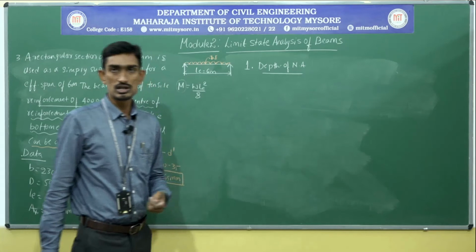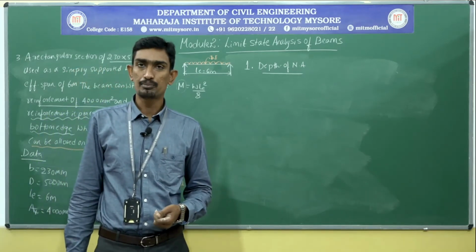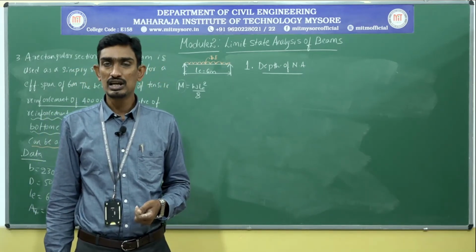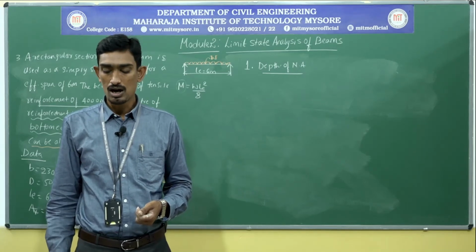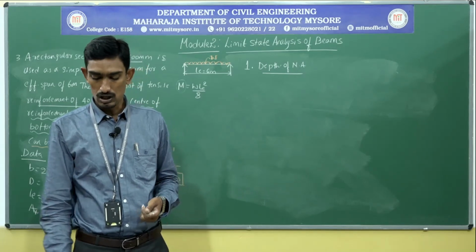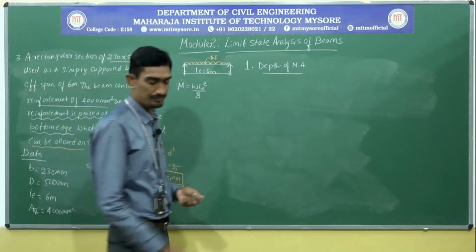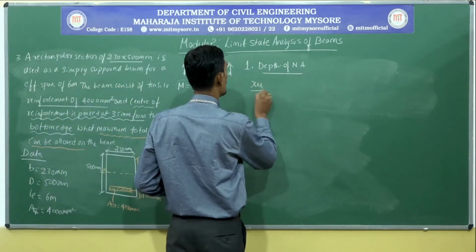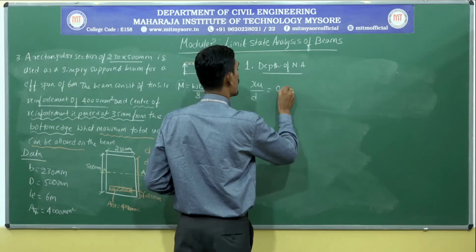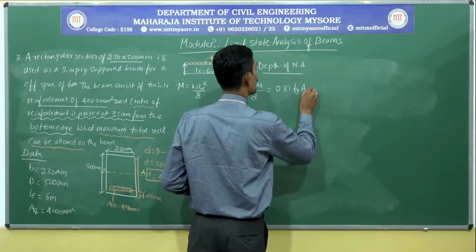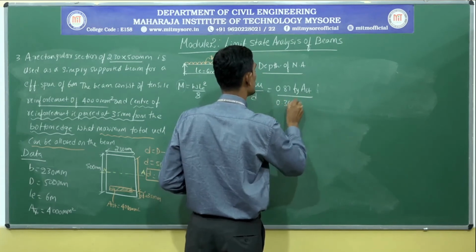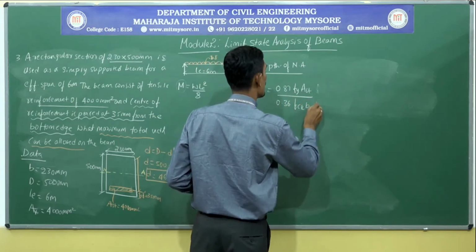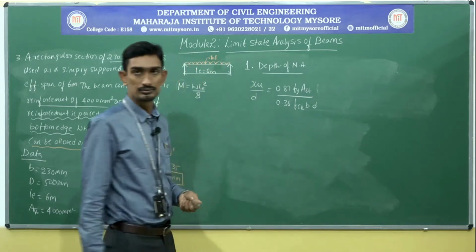This is the same thing as per Annexure G 1.1a, page number 96 of IS 456 2000. That is xu by d equal to 0.87 into fy into Ast divided by 0.36 into fck into bd.